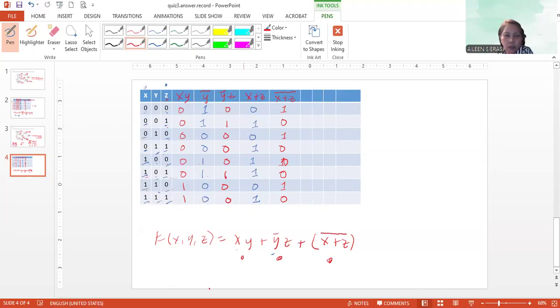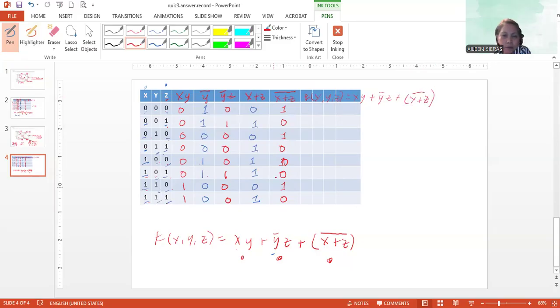Okay. So to get the value of this function, function of x, y, z is equal to xy plus y bar z plus x plus z bar.